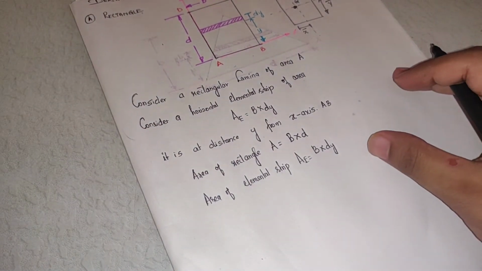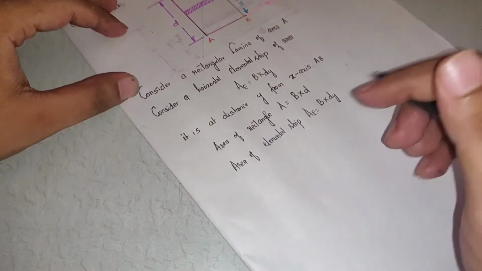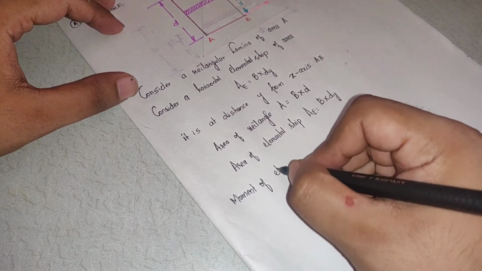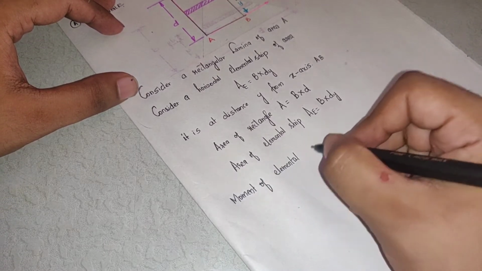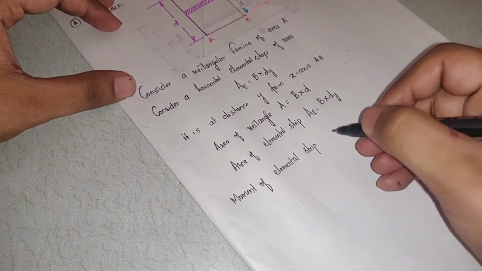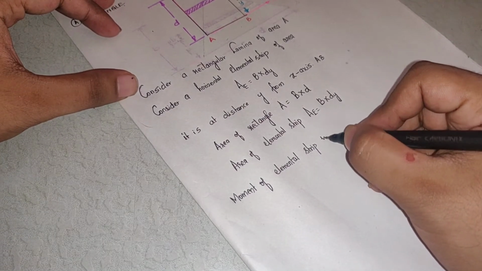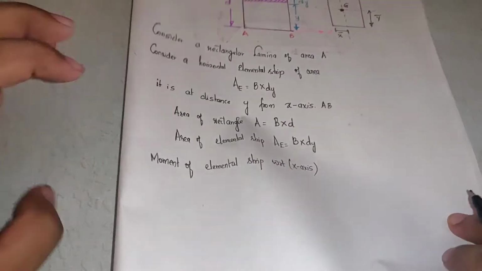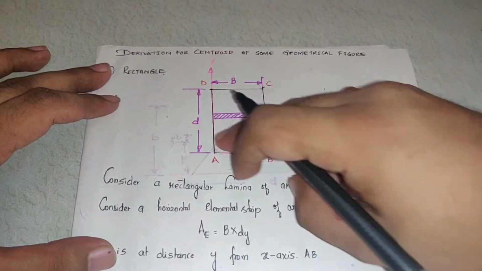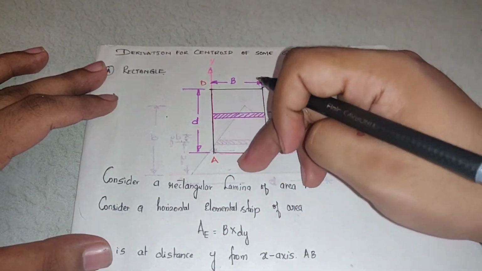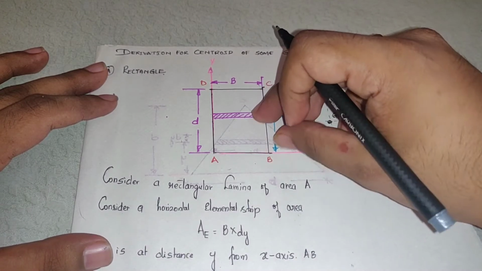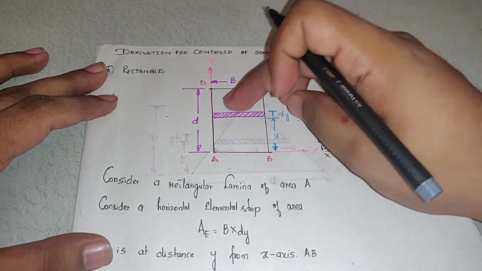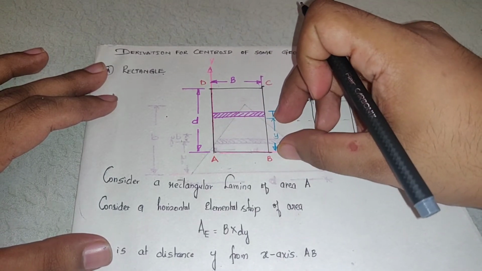Now if I take the moment of the elemental strip with respect to the x-axis, how will this object rotate with respect to the x-axis? The force, or area, is B into dy, and its distance is y.